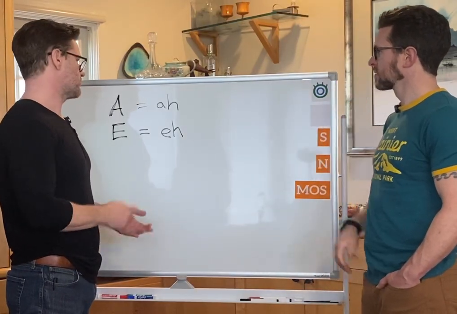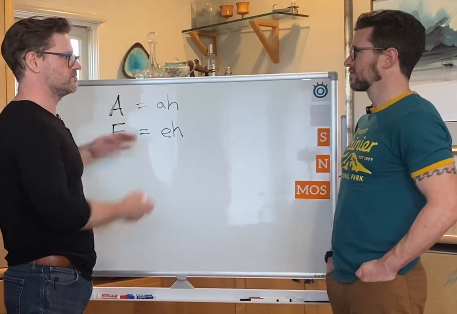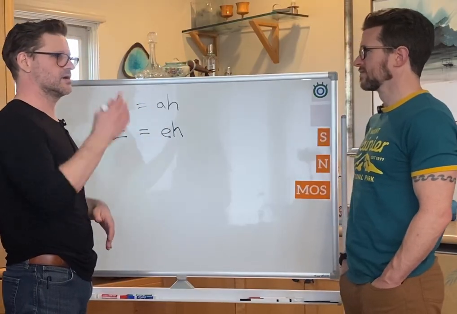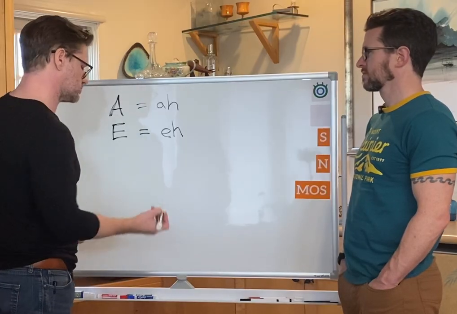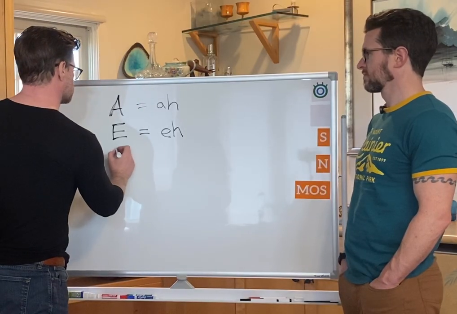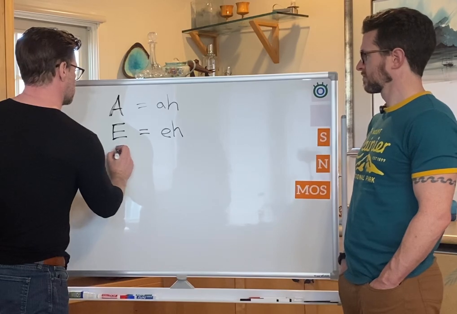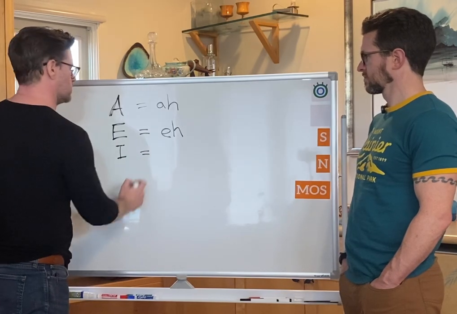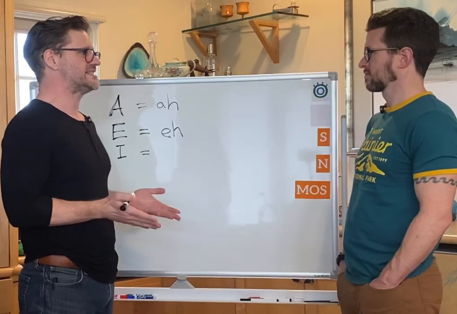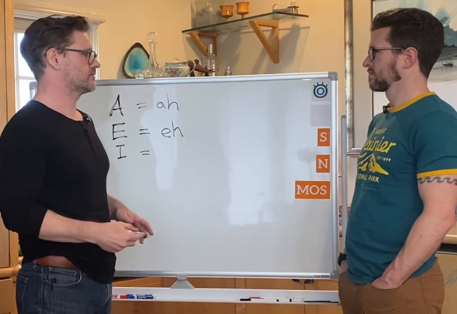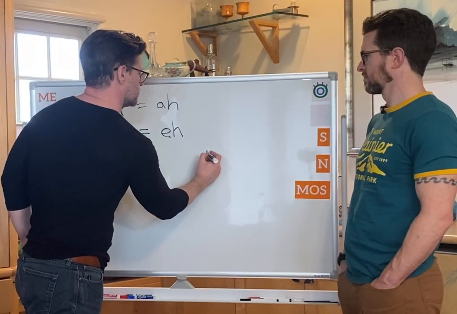Because we as English speakers have a long history of the I's and the E's mixing up the sounds, and there's the hard sound or the soft sound. The letter I is very easy. It's always, always, always pronounced like the island nation of Fiji.